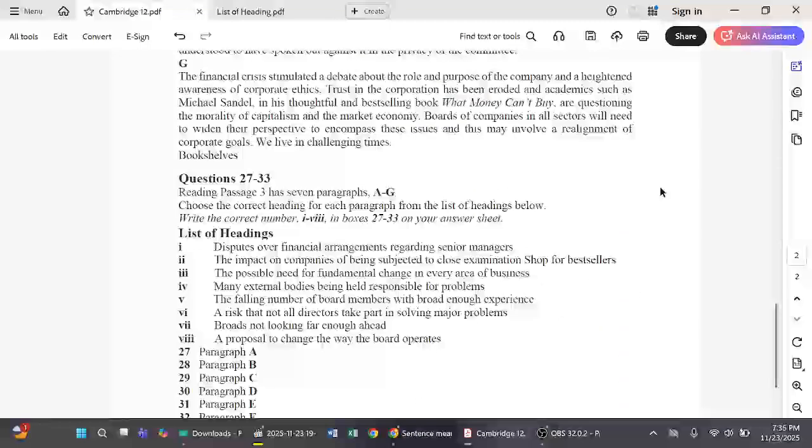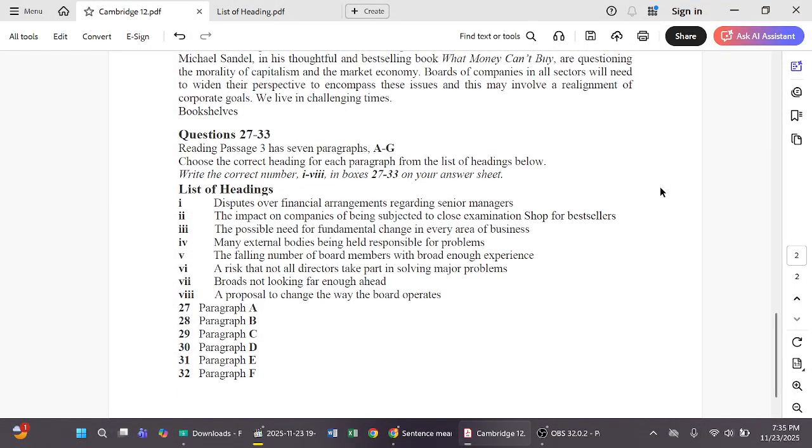Here we can see, first of all, a list of headings. First of all, we have to understand the difference between list of headings and paragraph matching. For list of headings, we have to read only the first one to two sentences and the last one or two sentences, but we also have to go through the whole paragraph, that is called skimming, to understand the overall concept.